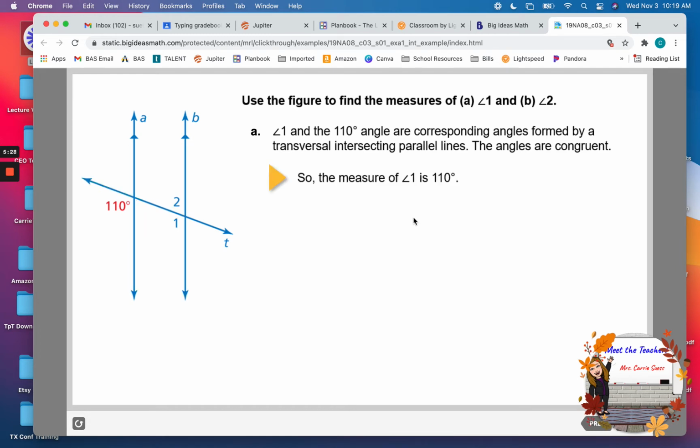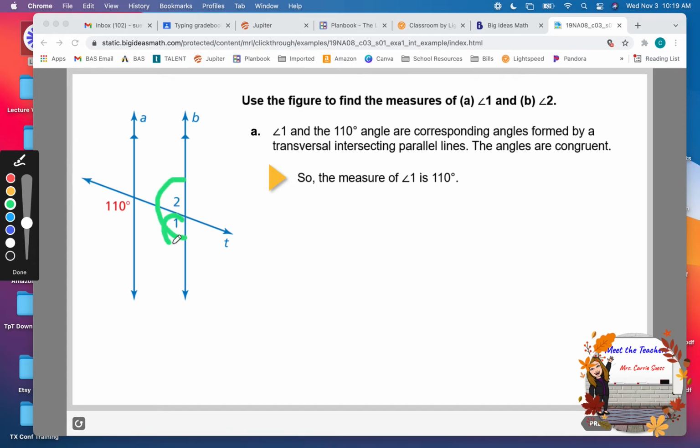Nice. Good. So now that we know that angle 1 is 110, can we solve for the measure of angle 2? Why can we solve? What is this? It's a straight line, which means the measurement is 180.